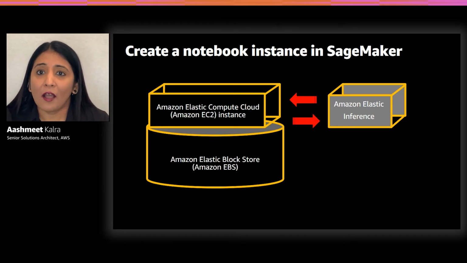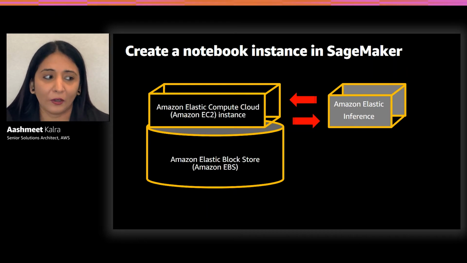All the data which is used as a part of this service is persisted in an Elastic Block Store. So you create an instance which is created as a part of Amazon Elastic Compute Cloud behind the scenes, and the storage is created as part of Amazon EBS.